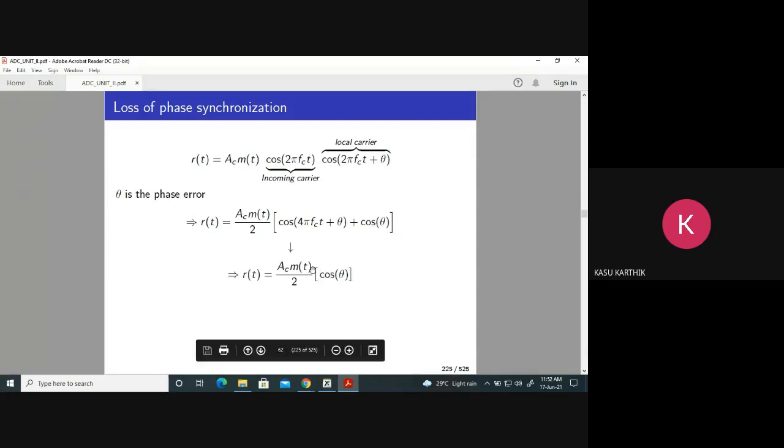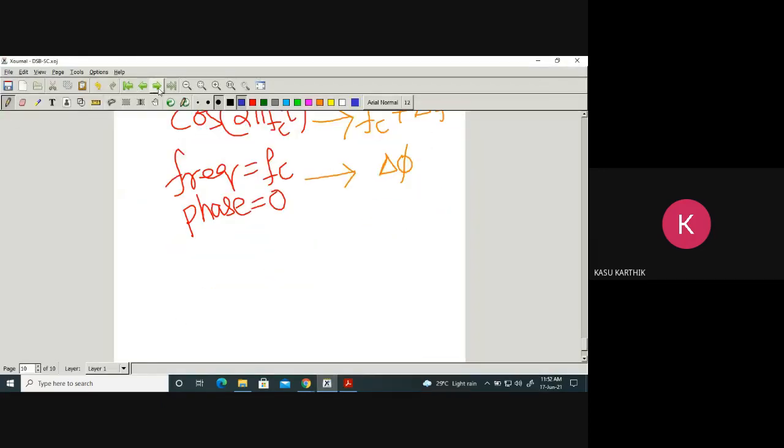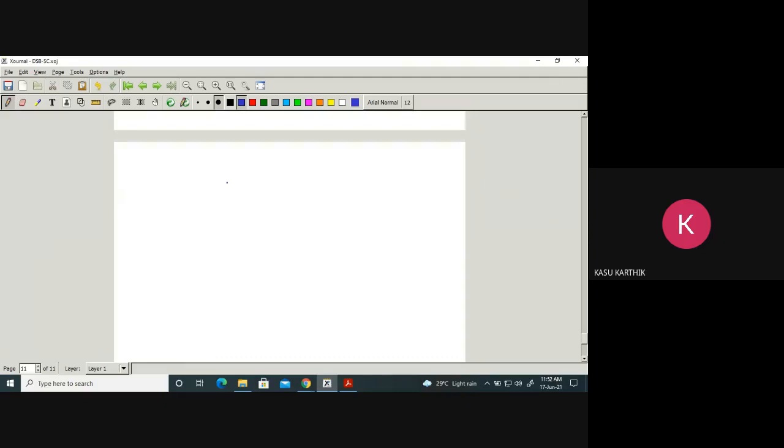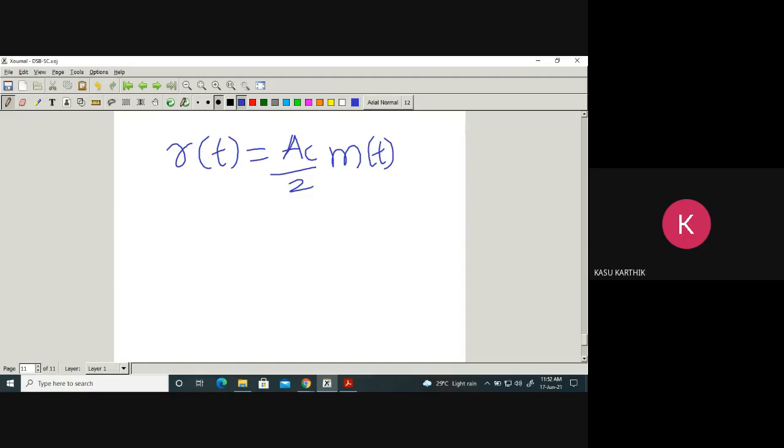After demodulation, you get Ac m(t)/2 into cos theta. What is extra you are getting? Cos theta, because of the loss of phase synchronization. If there is synchronization of phase, the output of the demodulator is Ac/2 m(t).